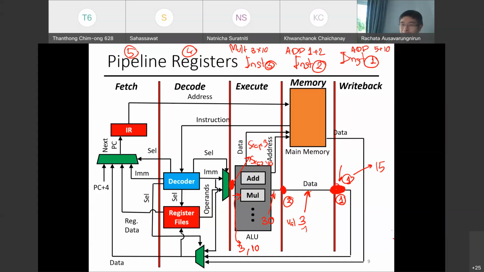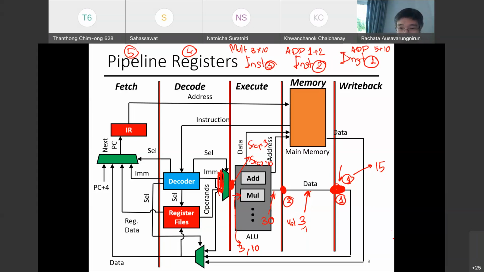Why is the mux before that? So that I don't need a lot of buffers before the mux. It's cheaper this way. I don't need as many buffers. And anything in here will be for instruction 4.